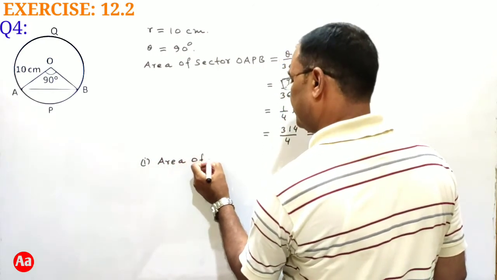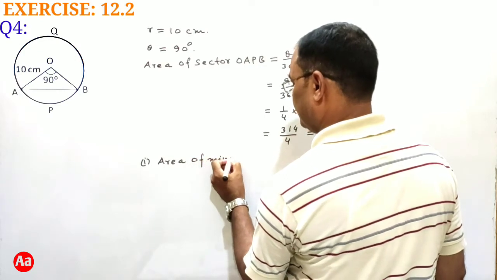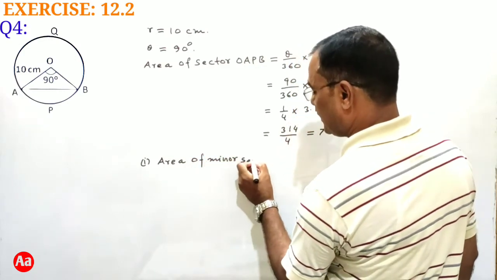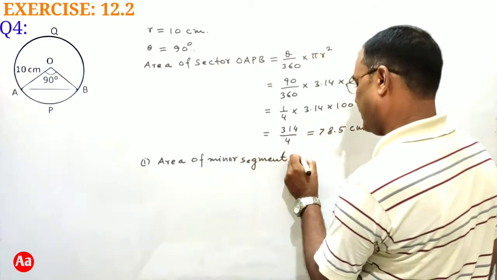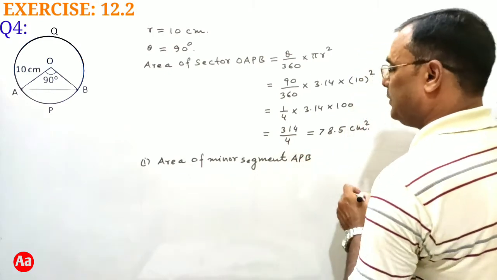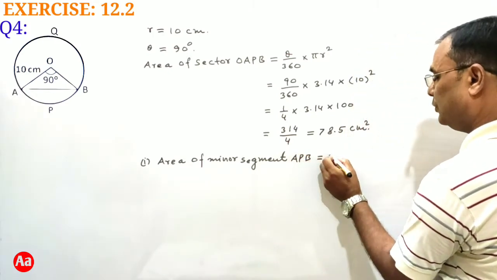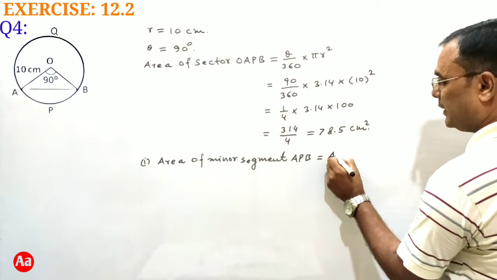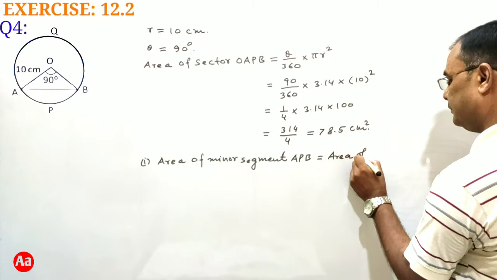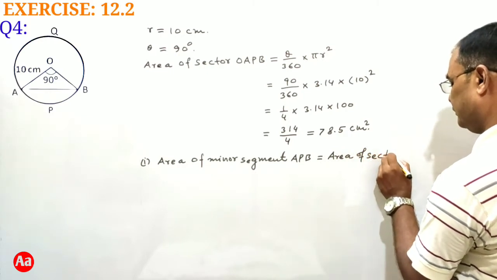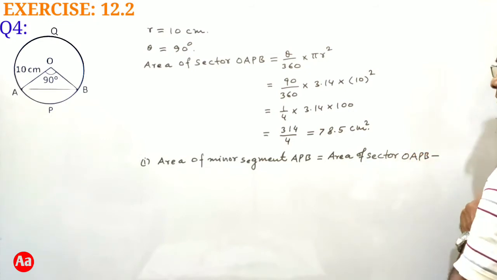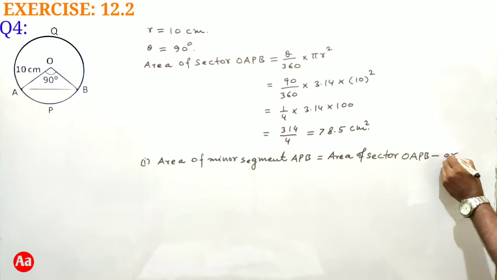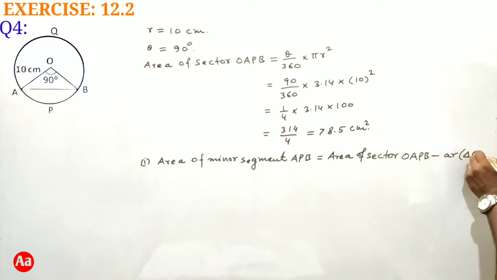Area of minor segment APB is equal to area of sector OAPB minus area of triangle OAB.